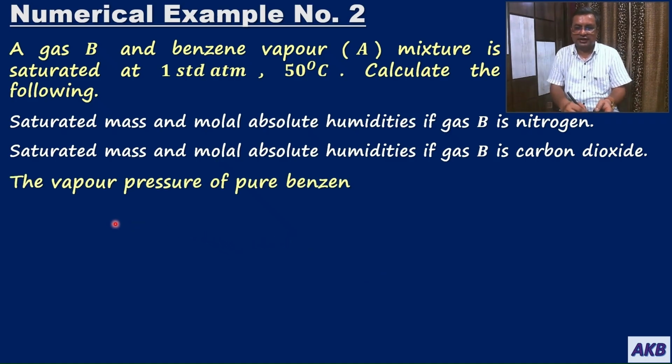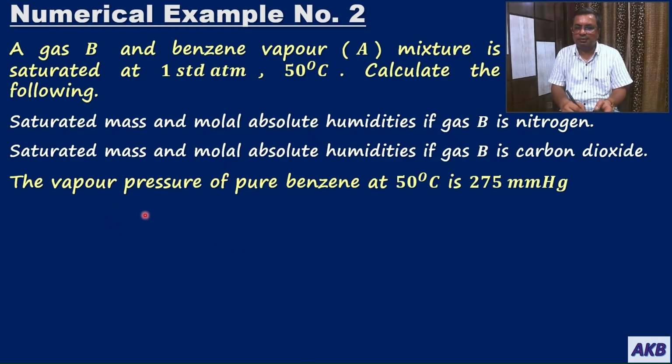The data given to us is the vapor pressure of pure benzene at 50 degrees Celsius, which is 275 mmHg. Based on the given information, let us get saturated mass and molar absolute humidities.